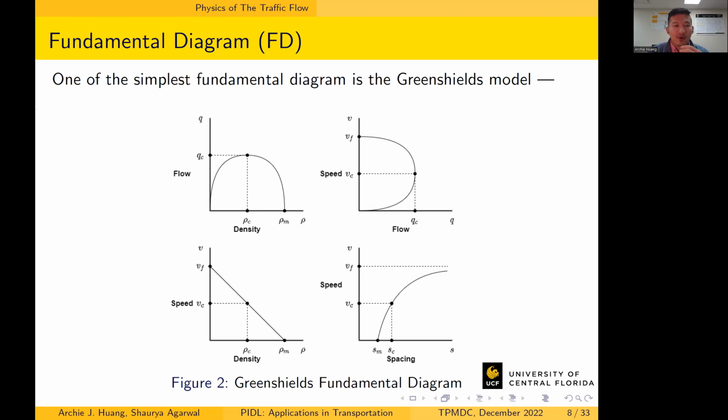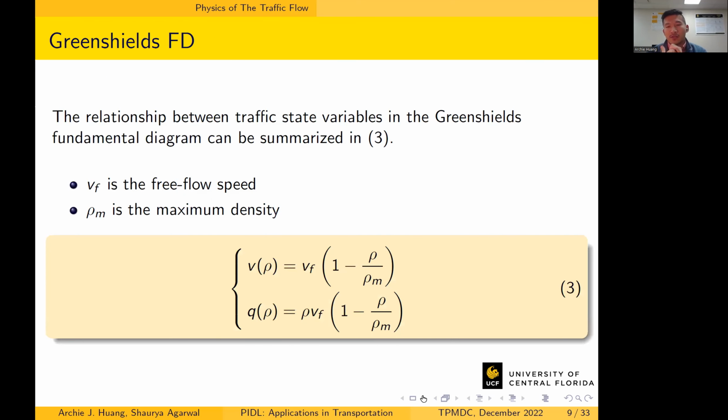It's very simple, very straightforward, and here I'll give you the formulation of the Green-Shields fundamental diagram. Again, it's a linear relationship, and as stated on this slide, VF is the free flow speed, or the maximum speed that we can obtain on this diagram, and rho m is the maximum value of vehicle density on this road.